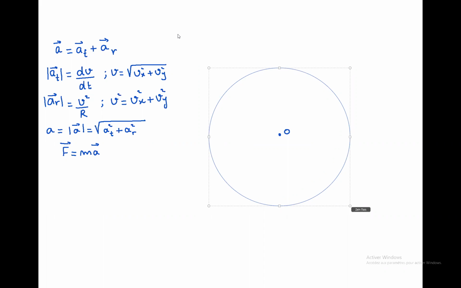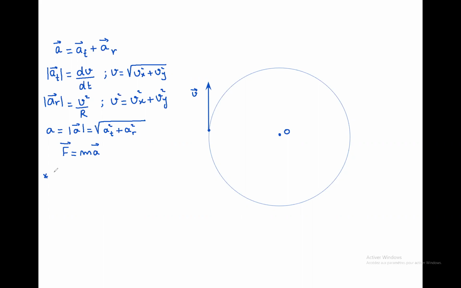Here, I will choose any point, for example, this point. At this point, the velocity must be tangent to the trajectory. Let's say it's like this. So here V is tangent.